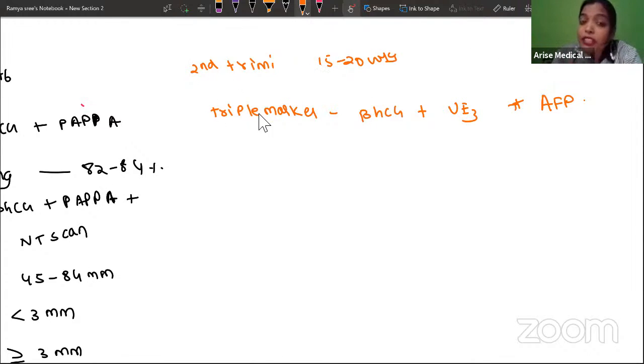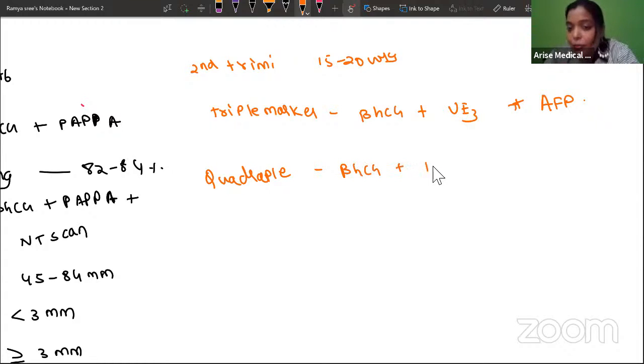So the second trimester best screening method is the quadruple test. In the quadruple marker you have beta HCG plus inhibin A plus unconjugated estriol plus alpha fetoprotein, right?